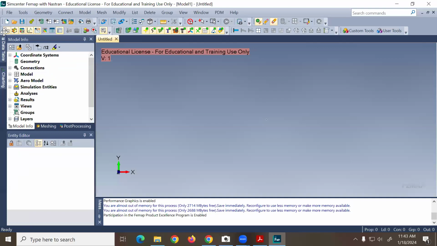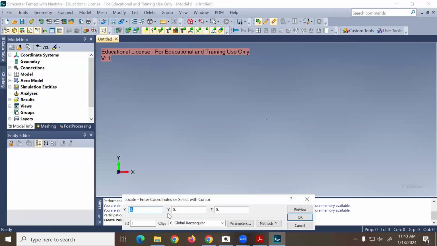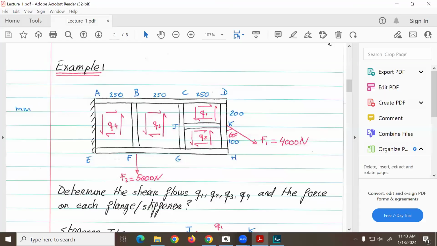Okay, so basically you see how it is. I'm going to go very quick. Let's say we create the geometry. If I remember right, I think we have. So basically, I'm creating the geometry of this. All of them are 250, so I'm going to create points everywhere there is A, B, C, D, okay?